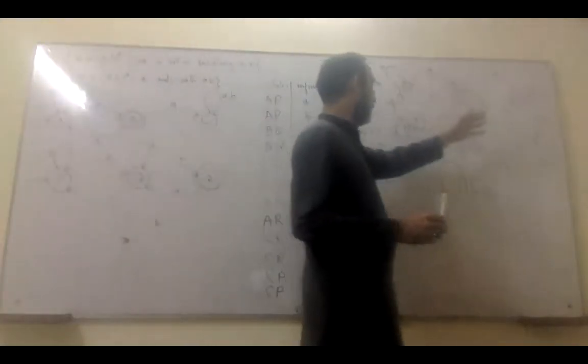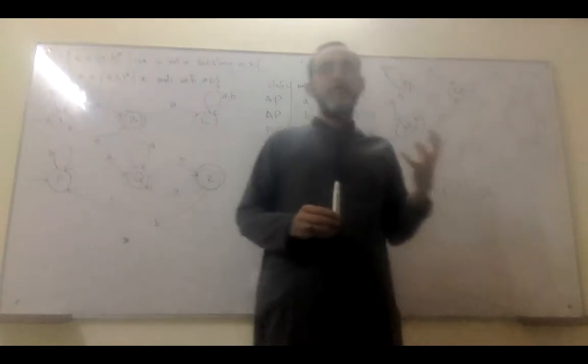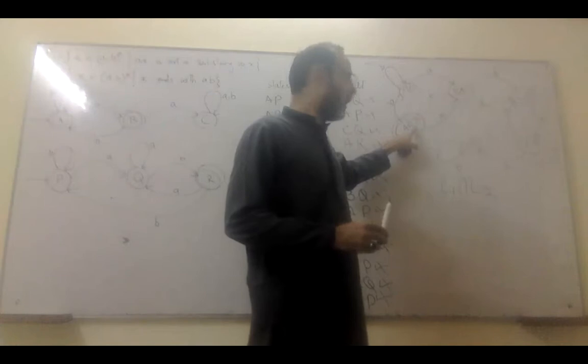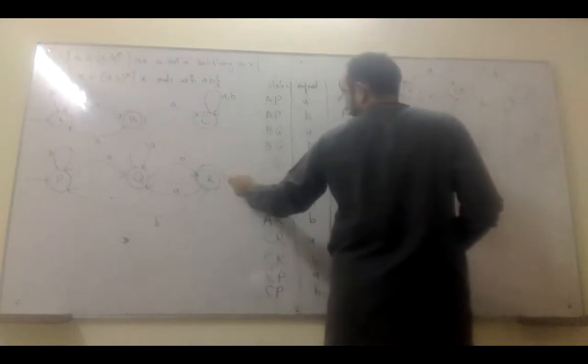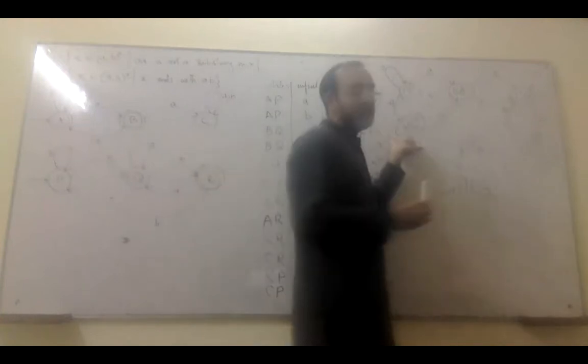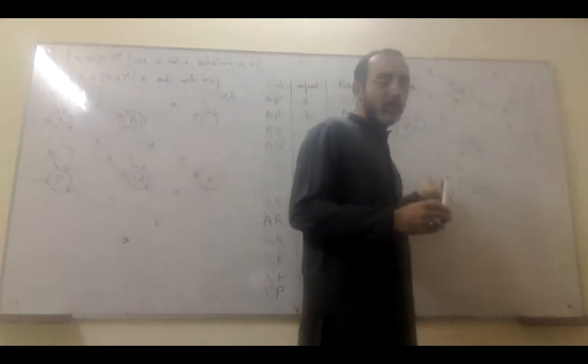So in all the pairs, what you have to search is that both of these two states should be the final states. And I have found only one pair in which A is a final state of L1 and R is the final state of L2. So this is something illegal state for the concatenation of L1 and L2.